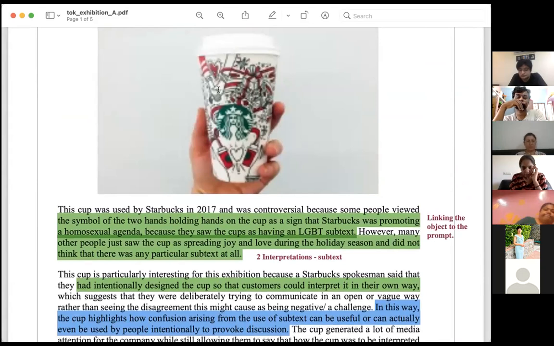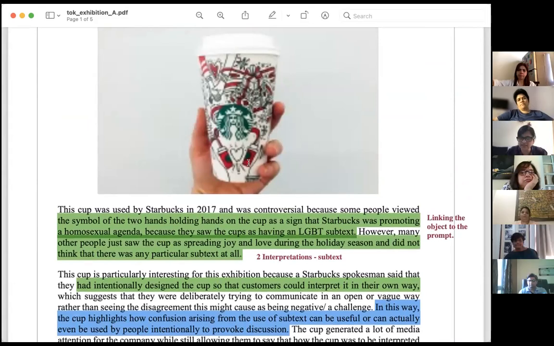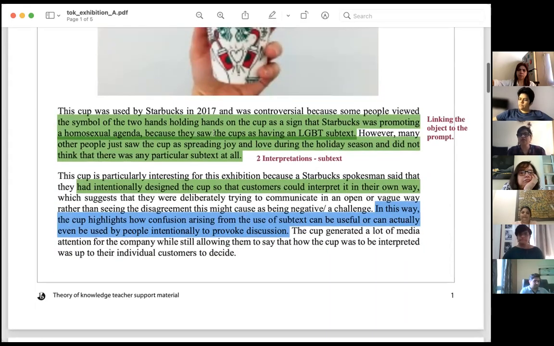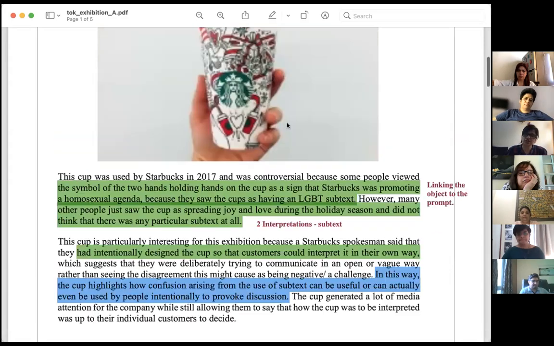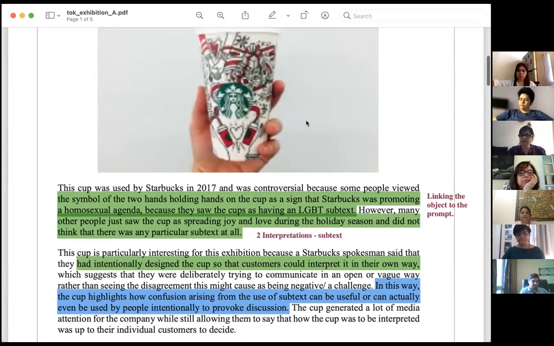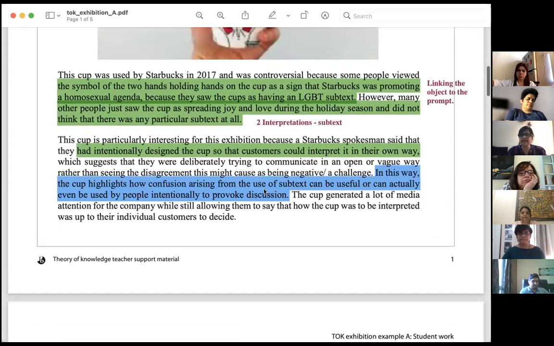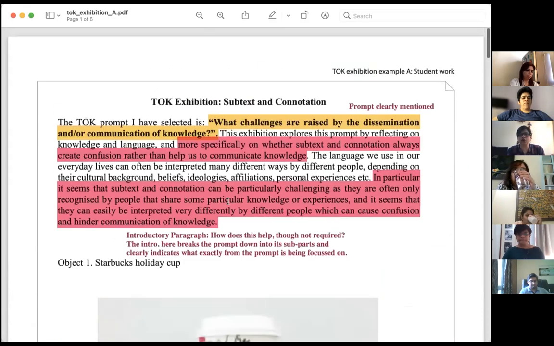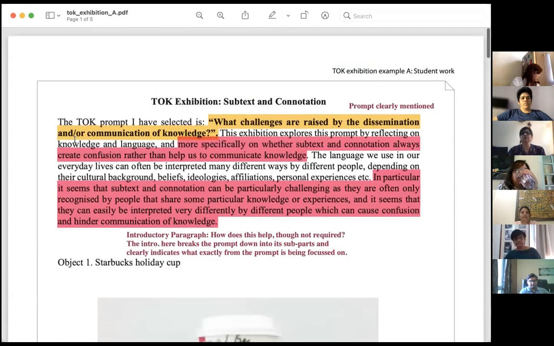It's not the cup itself. We are looking at the images on the cup, what it led to, and what was the intention of the company, and why that intention was left to be open-ended, and whether the subtext has led to different interpretations, and therefore linking it to dissemination or the way knowledge is communicated.